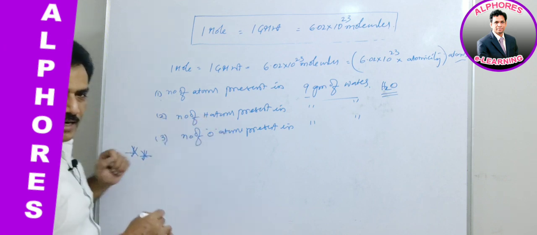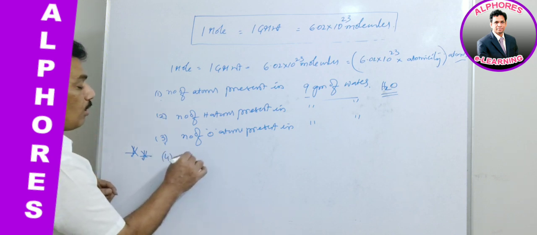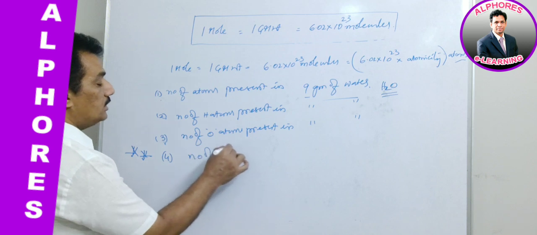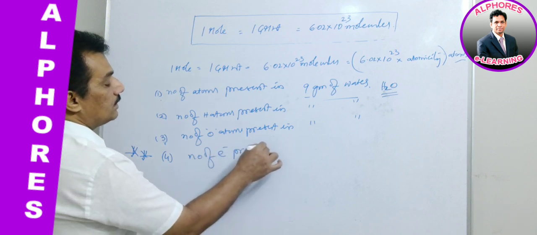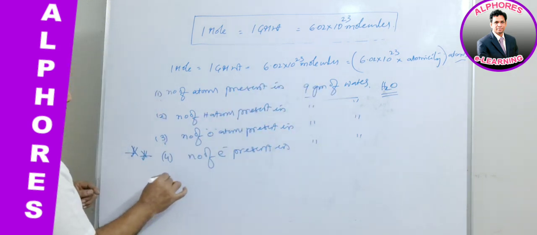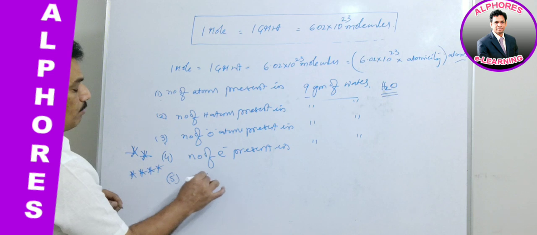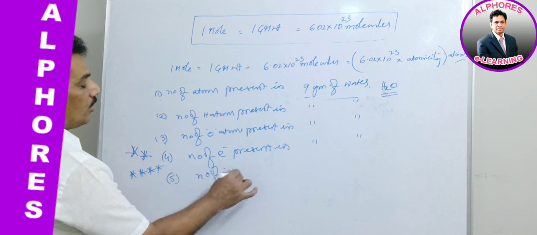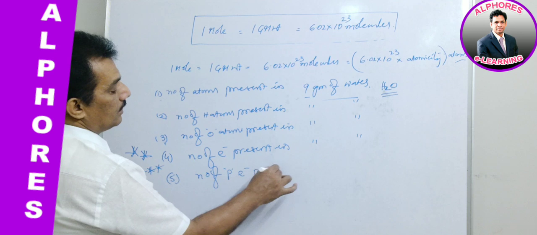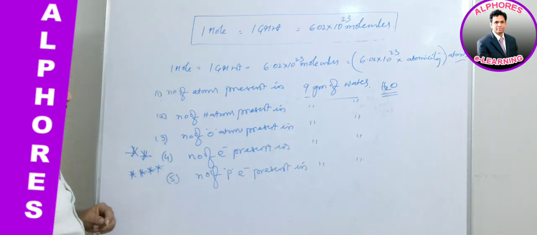From the same given data, let me ask the complex mode, that is the number of electrons present in 9 grams of water, or one more, still more complex, that is the number of p electrons present in 9 grams of water. These two are somewhat complex level.